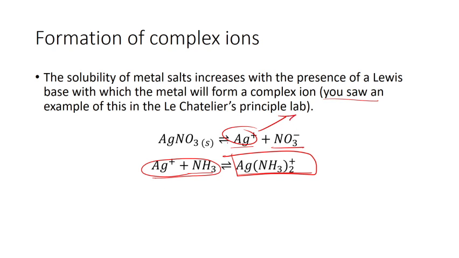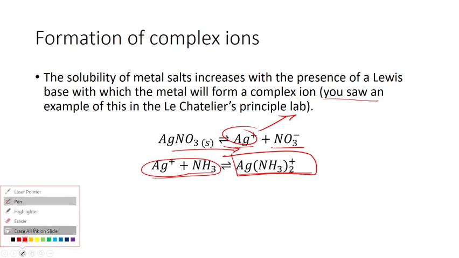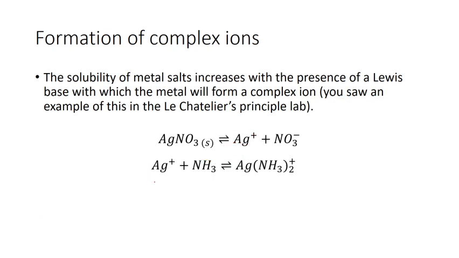You're taking it out of this equilibrium expression, which pushes the equilibrium to the product side, meaning that silver nitrate is going to become more soluble in a solution where you have a Lewis base present that will form a complex with the ion in question. So this is really just a Le Chatelier's principle situation. You're removing your metal ion, and that's pushing your equilibrium to the product side.